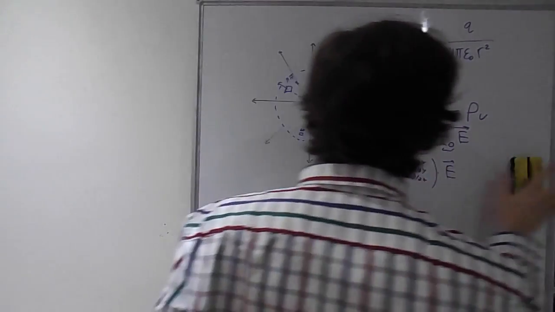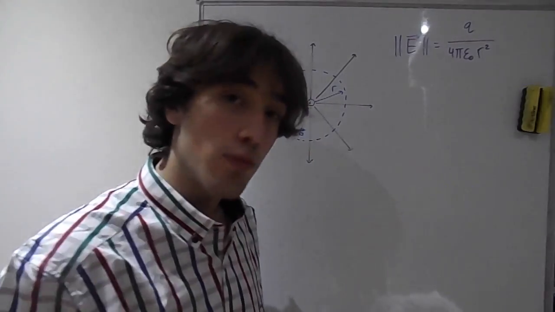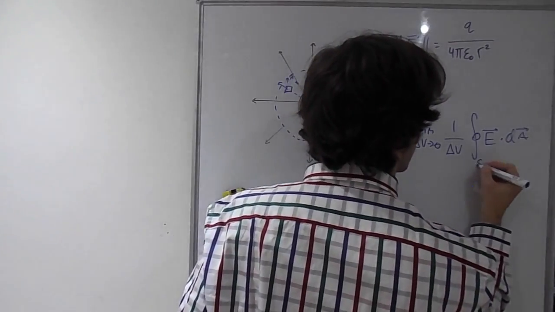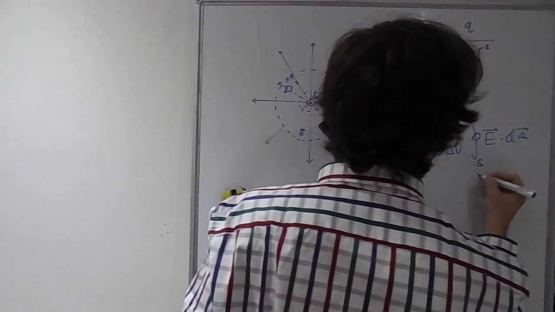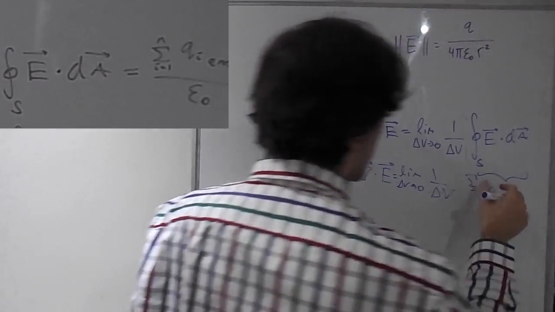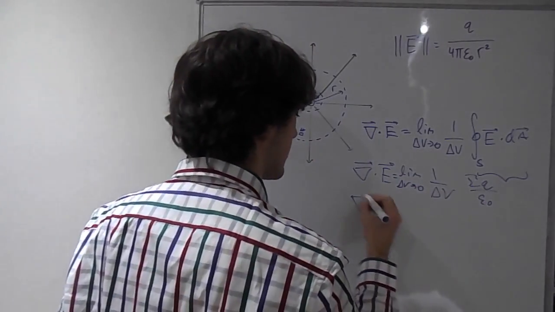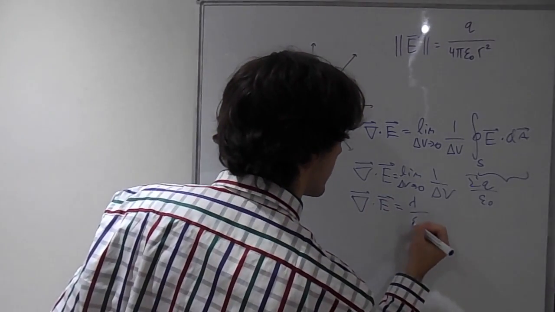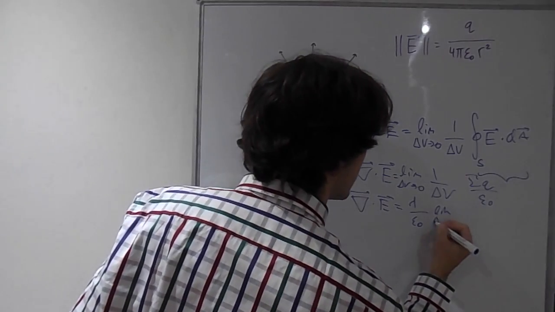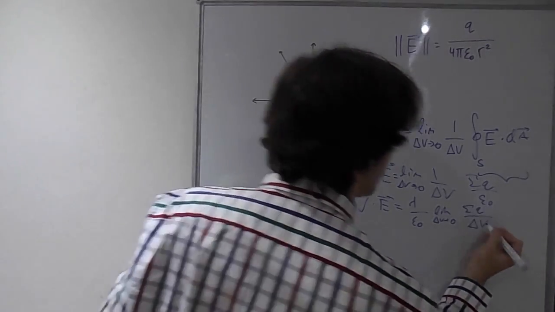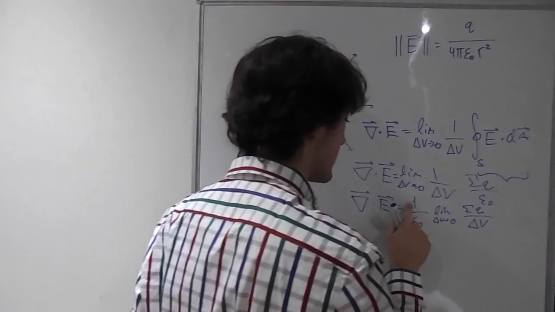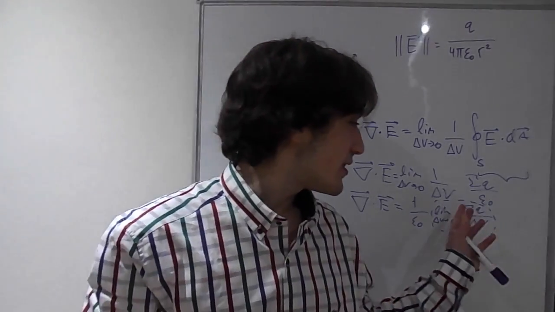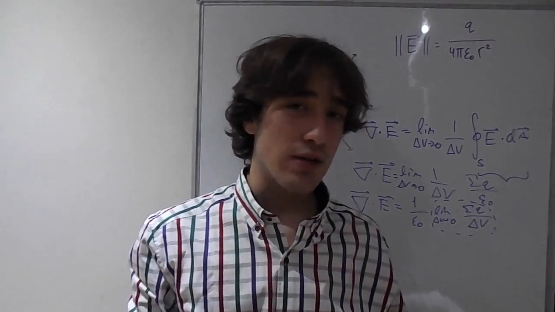So to compute that, we need the formal definition of divergence, E dot dA. Now we worked out what this is. Now I can bring this out of the limits here, and I get this. So 1 on epsilon 0 times the limit, dv goes to 0, of this. Now what is this quantity here? It looks quite daunting, but this really is saying what is the charge divided by the volume.